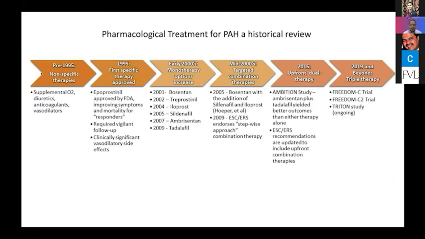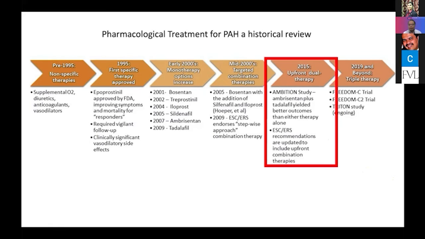In the year 2000, we were introduced to a lot of this medication, which is bosentan, treprostinil, iloprost, sildenafil, ambrisentan, and tadalafil. Interestingly, since the year 2000, all the studies involving these medications were not looking at hard endpoints. They looked at the improvement of the 6-minute walking test and symptom relief.